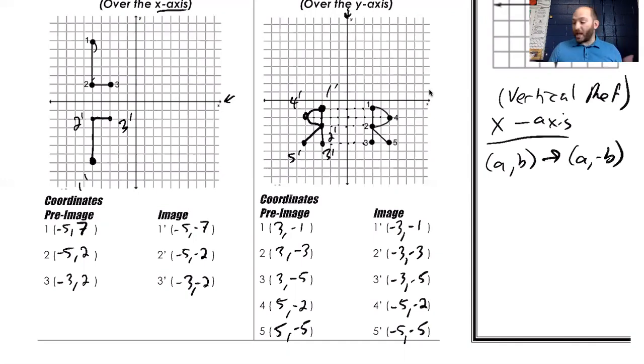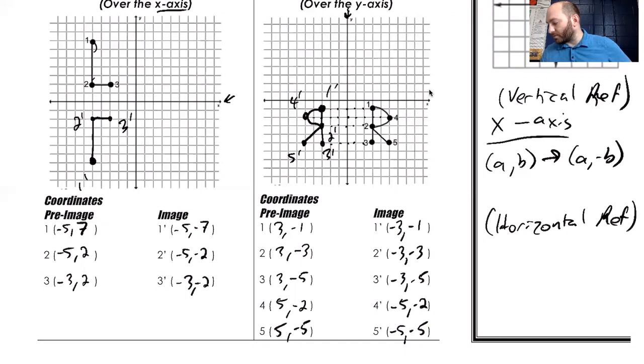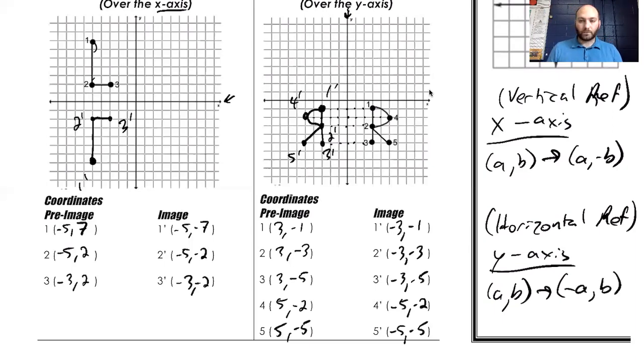So I'm not changing the order, but I am going to just take the opposite value of the y. If I do a horizontal reflection, which means I am going over the y-axis, that means (A, B) is going to become (negative A, positive B). So that's what we're looking at for both of these rules.